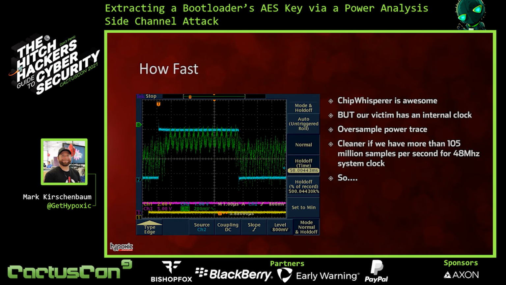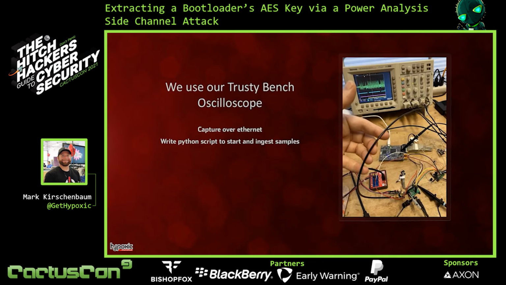Unfortunately for us, our target had what's called an internal oscillator. It had its clock inside of itself. There are ways you could sniff that internal clock from the EMF radiation and recreate it, or you could do what we did and just oversample it. We oversampled it past the 105 million samples per second bandwidth that the ChipWhisperer had. In order to do this, we used our trusty oscilloscope.